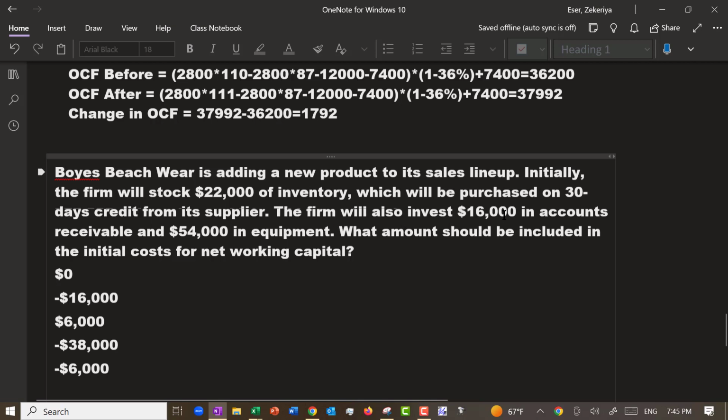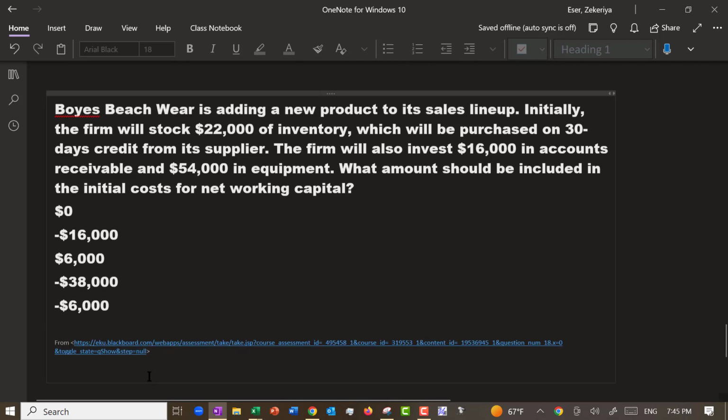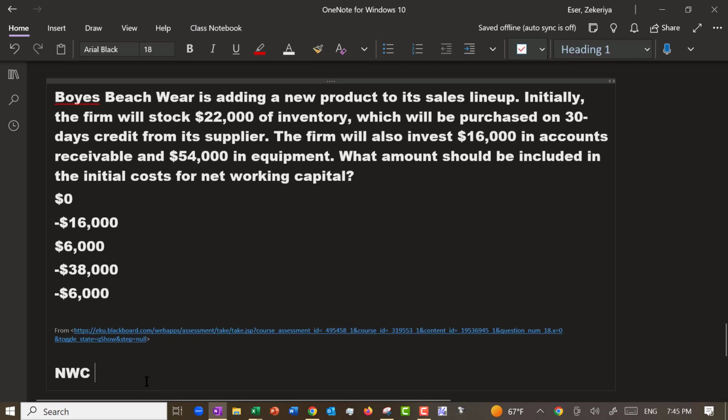Remember, net working capital is current assets minus current liabilities. So in this case, inventory plus accounts receivable minus accounts payable.